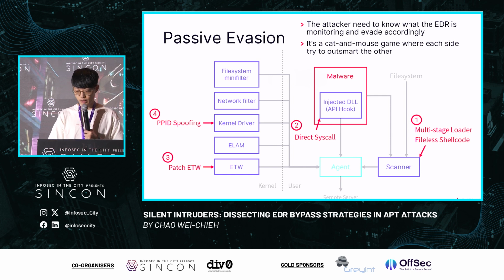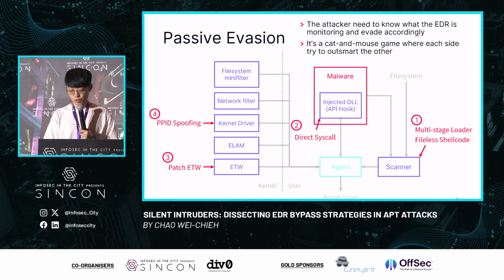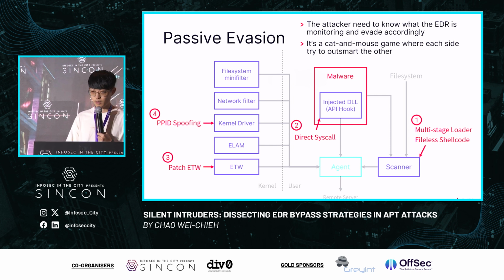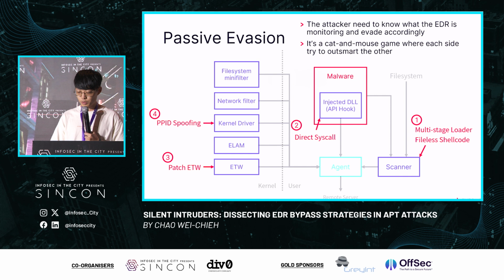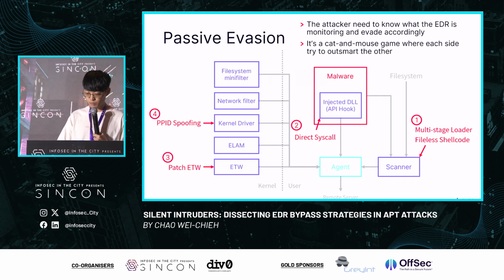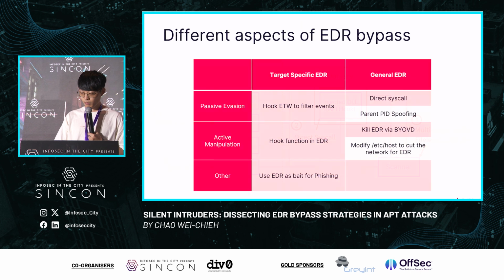For example, the attacker can try to evade API hooking by using direct syscalls, or they can try to avoid the scanner by applying a multi-stage loader. This is like a cat and mouse game, where each side tries to bypass the other's technique.